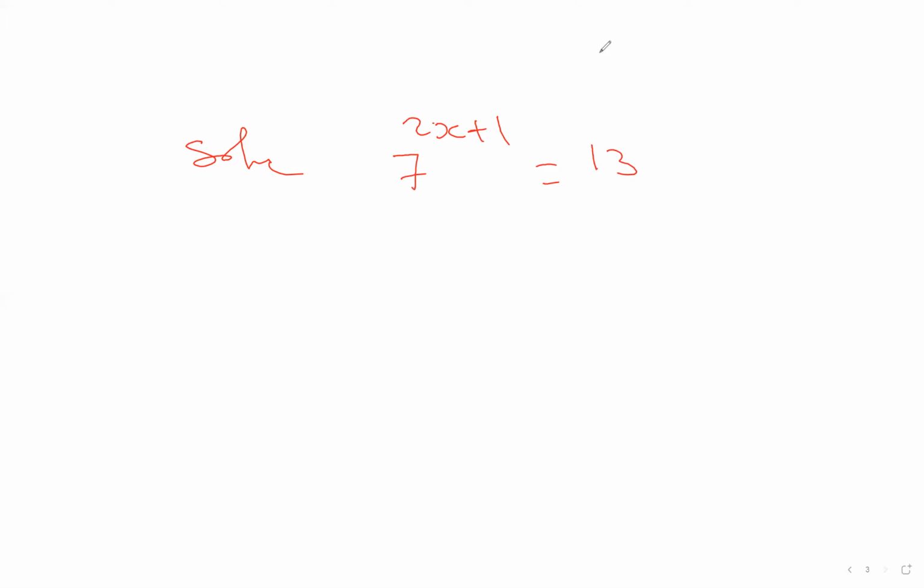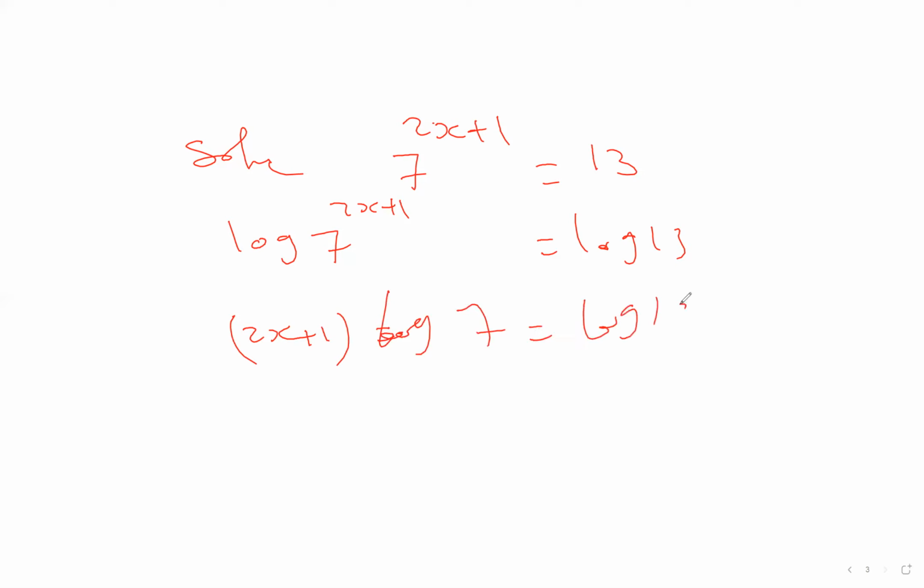We will take the log of the two sides. Log 7 to the power of 2x plus 1 equals log 13. Put the exponent as a product, by the properties of logarithms, the number times the log. It will be 2x plus 1 times log 7 equals log 13.